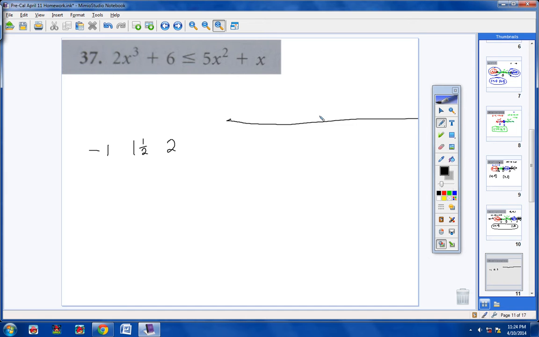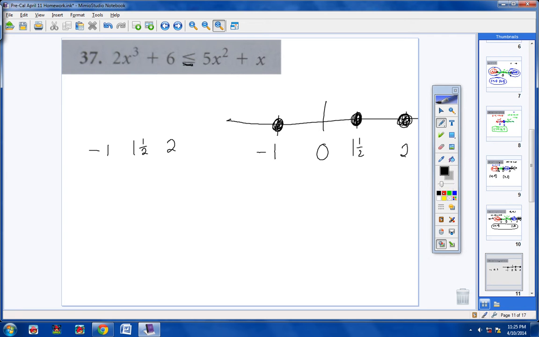Now let's put those on a number line. Here's 0, here's negative 1, here's 1 and 1/2, and then here's the number 2. And all of these critical values will be closed points because there is an equal sign right here. Okay?